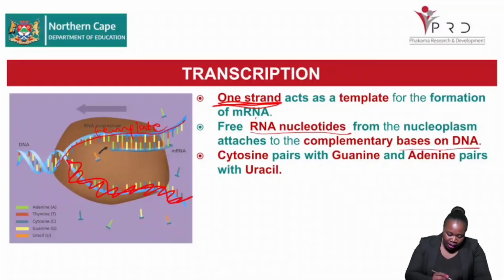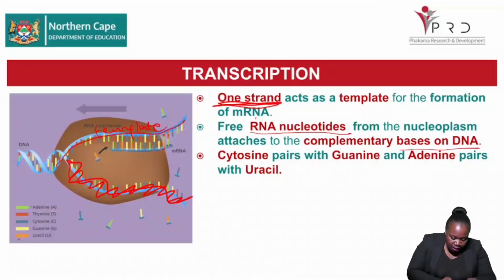Now let's have a look at that. For example, here we can see that the green is representing adenine, and then the red is representing thymine. So thymine pairs with adenine, and then what do we have here? It's adenine in green, pairing with the orange, which is uracil. So you will see that color shift there.